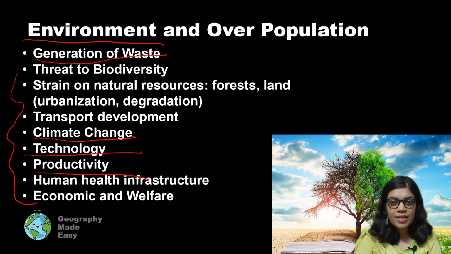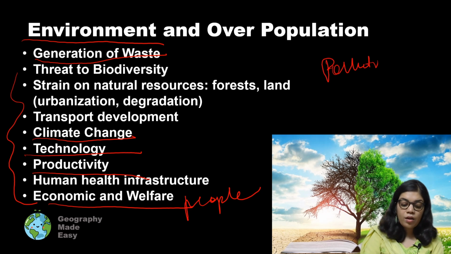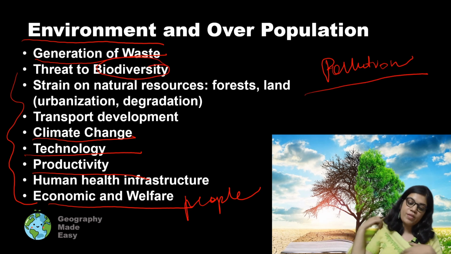Apart from that, pollution is one of the major problems occurring because of high population, and a lot of species are lost. There is a lot of pressure on natural resources, which again happens when the population is high.